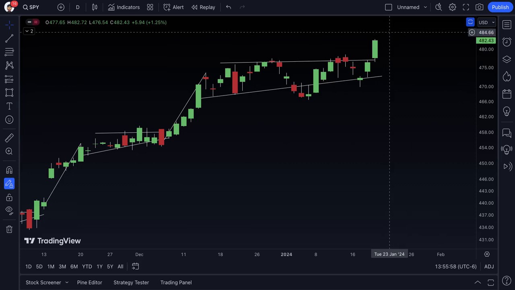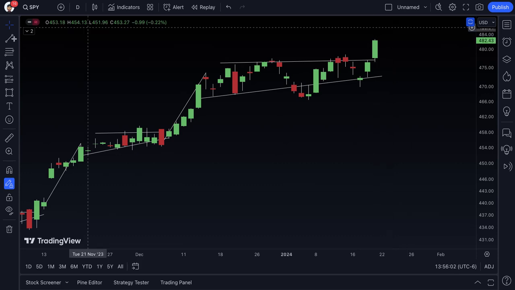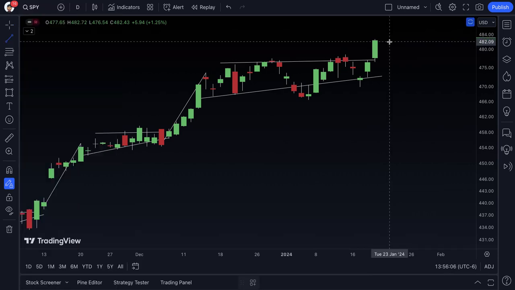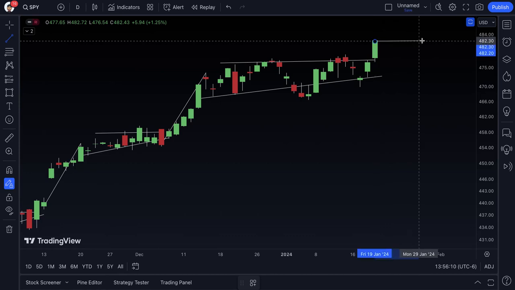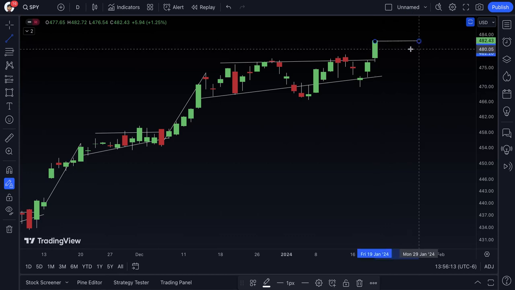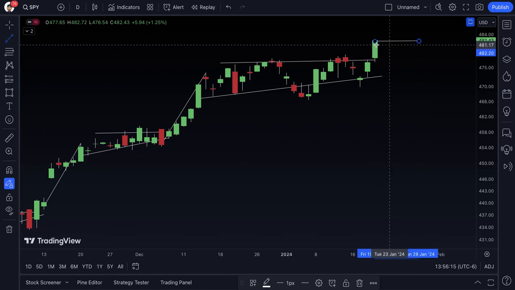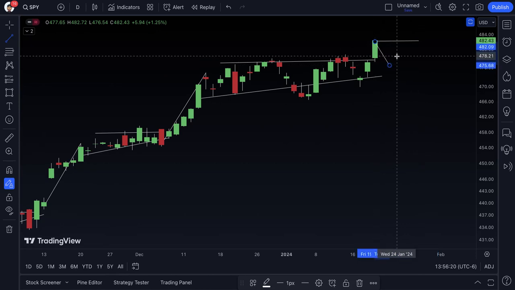Why did I mention consolidation or retracement? Because a correction could be in two things or both. It could be in time. So if the market, just for example, didn't come down, it just went sideways, that would be considered a correction. So that's time. Or if it just came down back into the zone, that's distance.